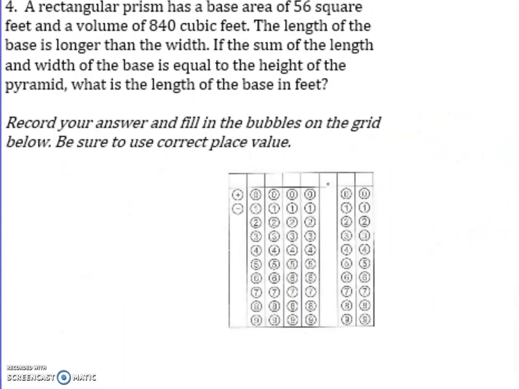On question number 4, a rectangular prism has a base area of 56 square feet and a volume of 840 cubic feet. The length of the base is longer than the width. If the sum of the length and the width of the base is equal to the height of the pyramid, what is the length of the base in feet? So we're going to do a T-chart.